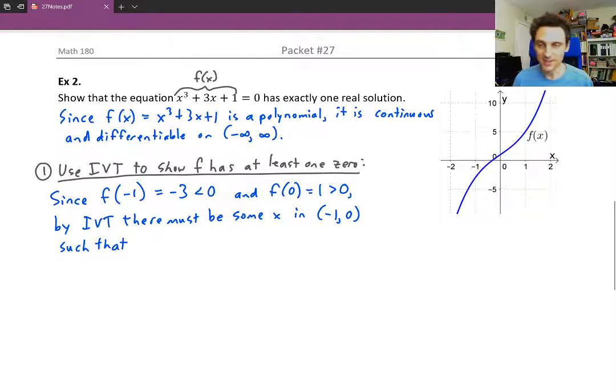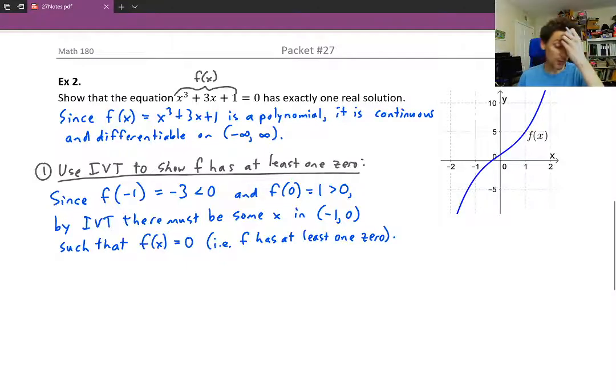You could use shorthand here: instead of there must be some x, you could say there exists an x, the backwards e, such that f of x equals 0. In other words, we have a 0 of the function. So in other words, f has at least one 0.